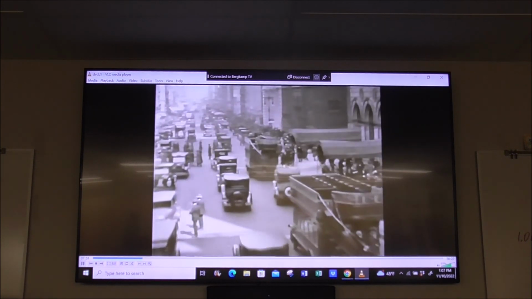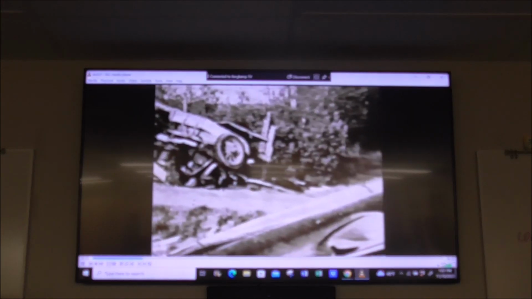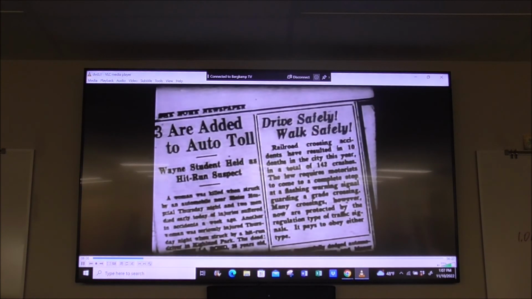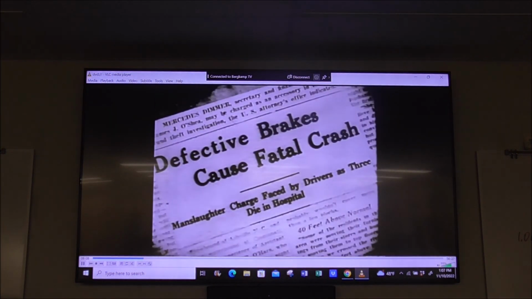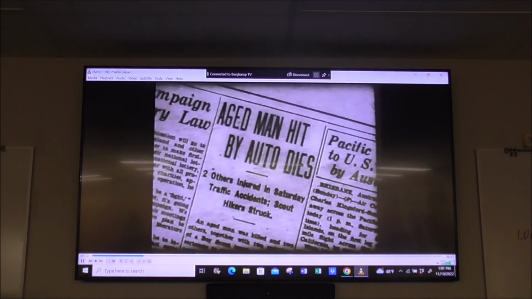As the number of cars increased, so did accidents. By the early 1920s, more than 500,000 people had died in collisions. Yet nobody blamed the automobile. Accidents were considered an act of God, or a bad driver.